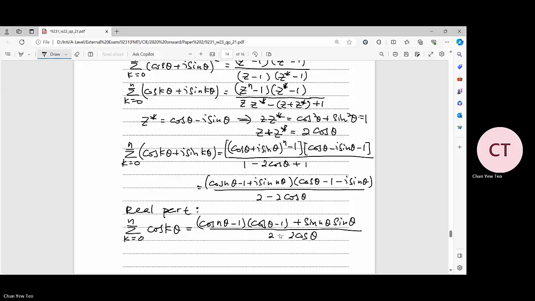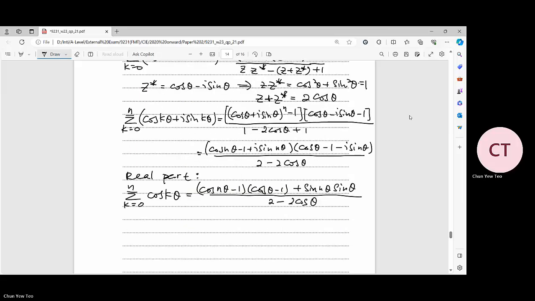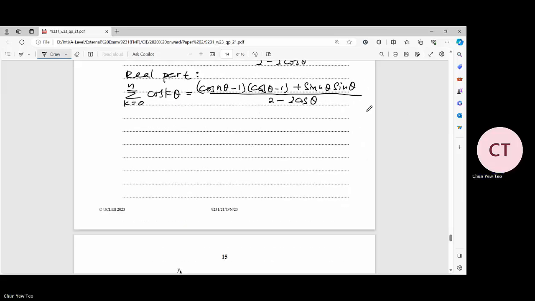Okay. Now I just expand. Hopefully we have enough space to expand everything. So I have cos n theta minus cos theta minus cos n theta plus 1 plus sine n theta sine theta.